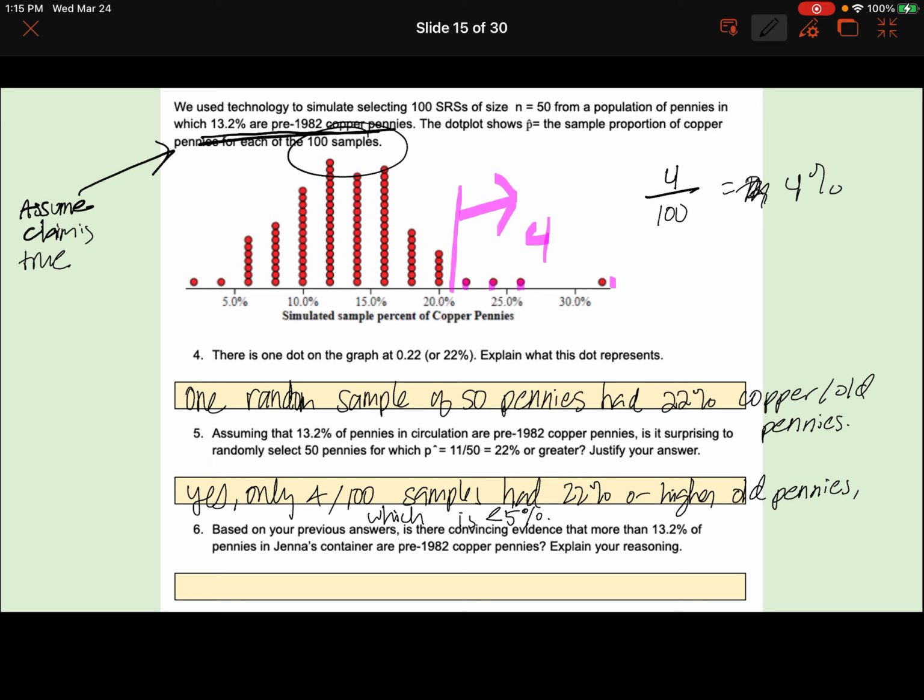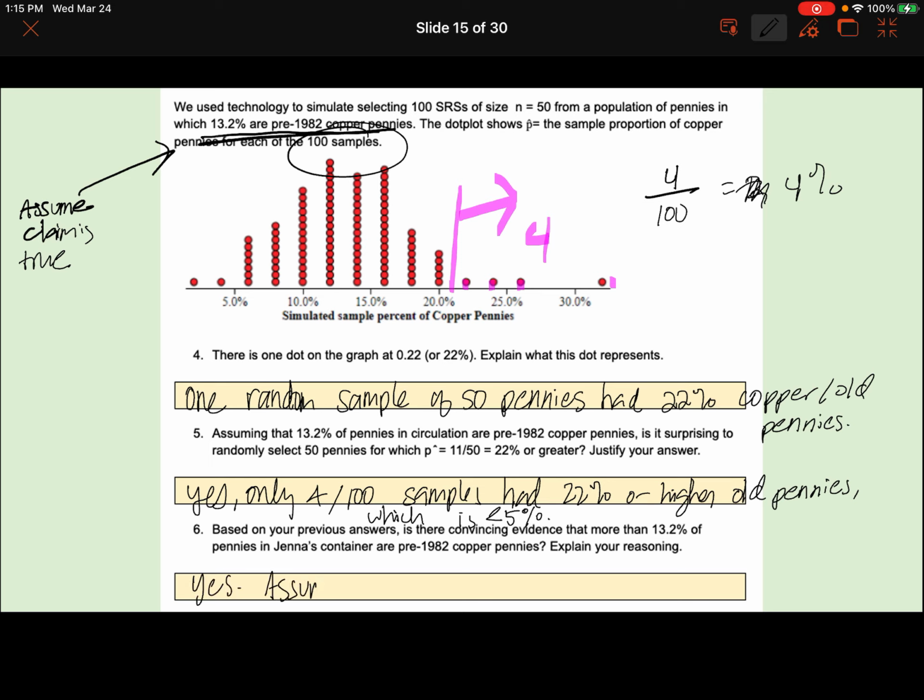All right, so question 6 is related. Based on your previous answers, is there convincing evidence that more than 13.2% of pennies in Jenna's container are pre-1982 copper pennies? Explain your reasoning. Yes, we do have convincing evidence.